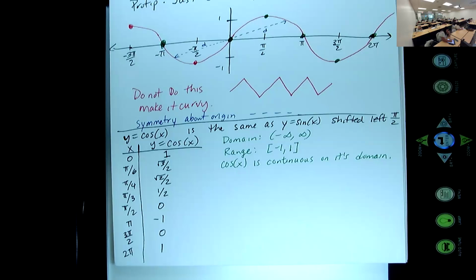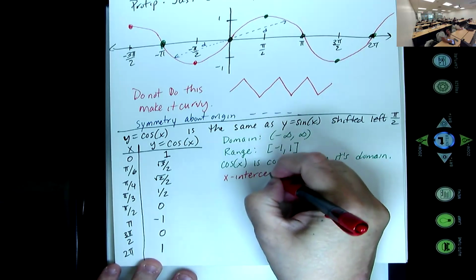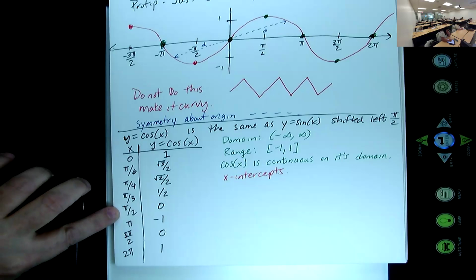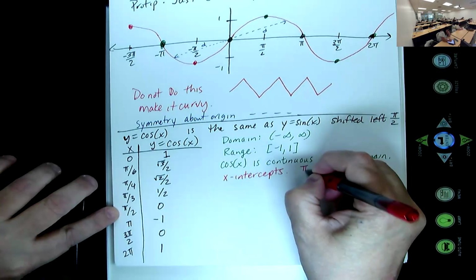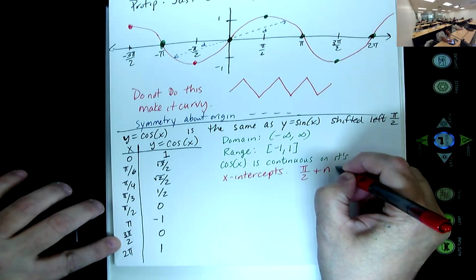So next thing we talked about were x-intercepts. It looks like they occur at pi over 2 plus every multiple of pi, so we could say plus n pi.